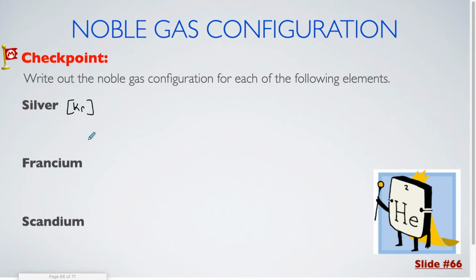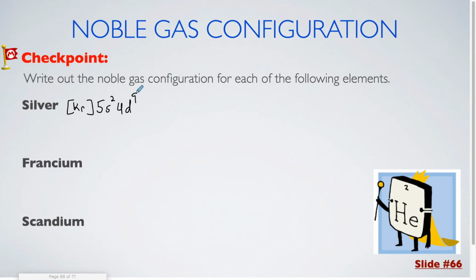So we put Kr in our bracket. Now we only have to write the electron configuration that would have come after krypton as we're going on our way to silver. So that would consist of 5s2, and then after 5s we would go into the 4d, and we would land on the 9th element. So this would be the noble gas configuration for silver.